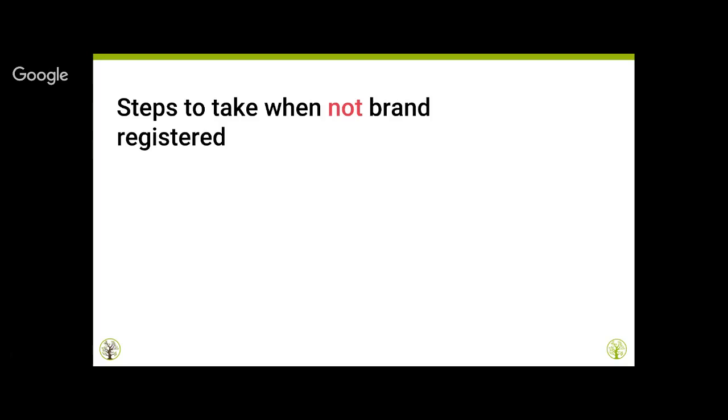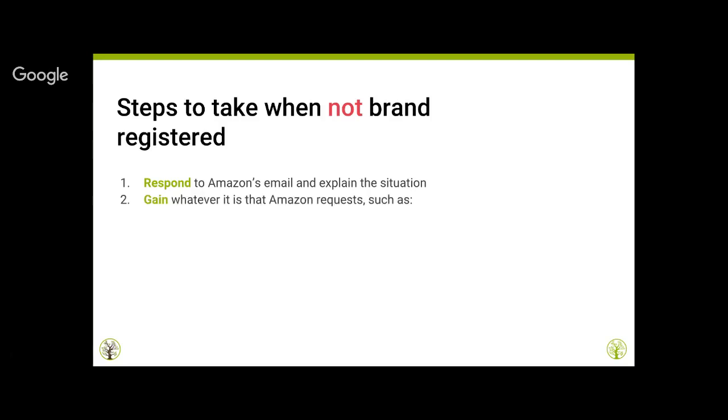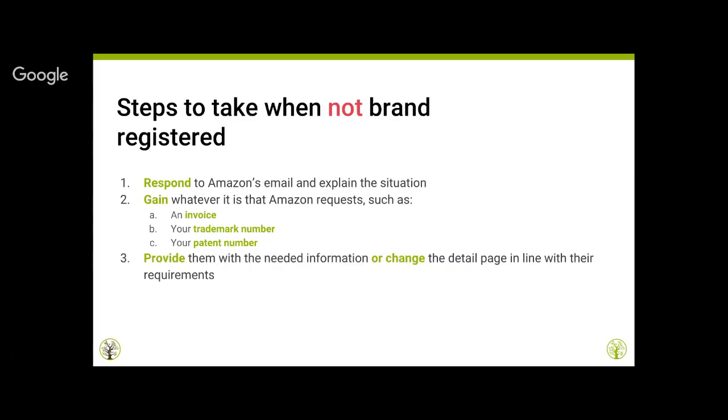So here are the steps you want to take when you're not brand registered, and it can be a lot harder in that case. You're going to respond to Amazon's email and explain the situation, so explain why your product does not actually infringe on that patent, etc. You're going to gather whatever it is that Amazon asks for. They may ask you for an invoice, a trademark number, a patent number. You're going to provide them with what they need as much as possible. Obviously, if you don't have the trademark number, you can't provide that yet.